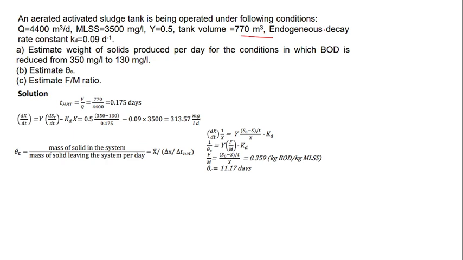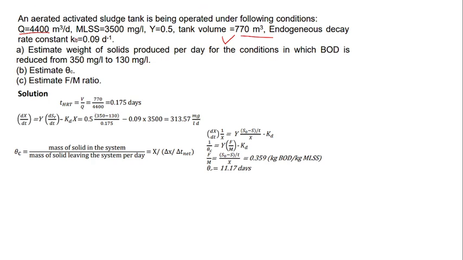Since we know the tank volume V and we know the flow rate Q, it is very easy to find the hydraulic retention time. The hydraulic retention time is V by Q, which is equal to 770 divided by 4400.